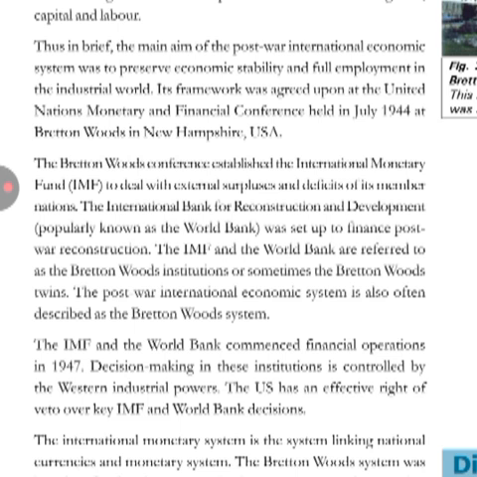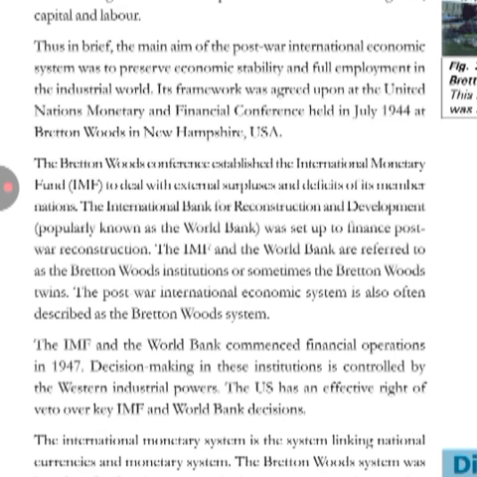Now, from where did the money come to the IMF and the World Bank? The Western countries, though they had an economic slump, did have money of their own, which they invested in the World Bank and IMF. And the World Bank in return lent money to the Western countries for post-war recovery.